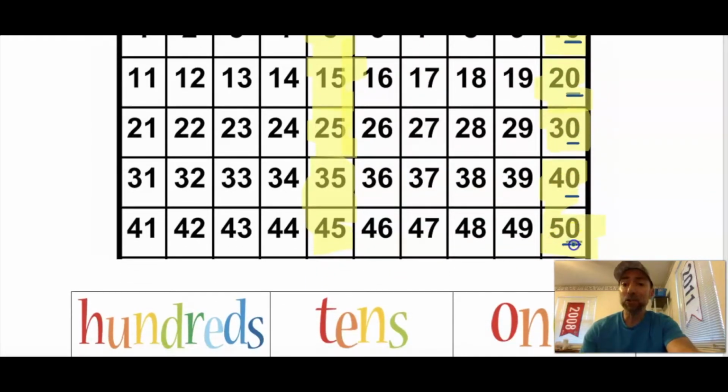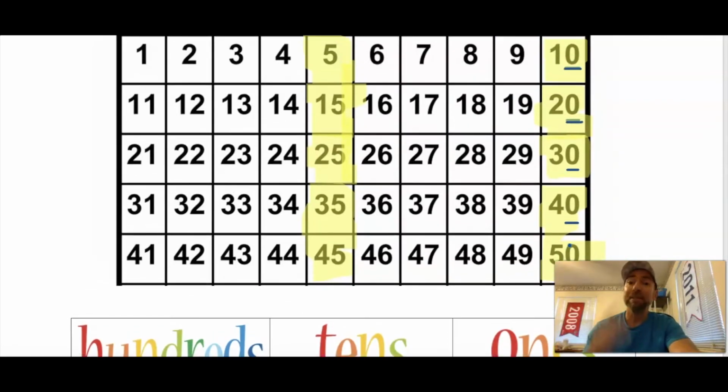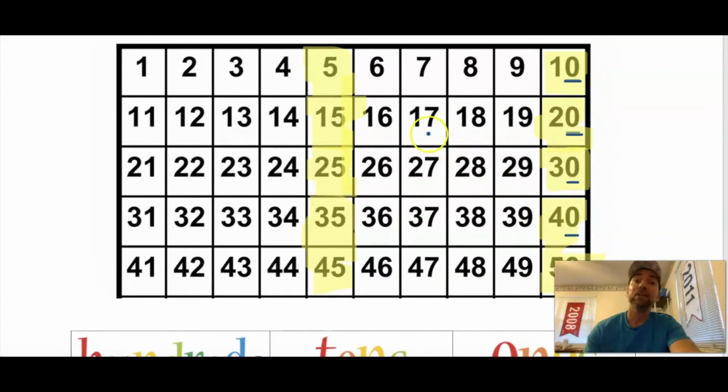And that's true again when we count by fives. But this time, there's also another digit in the ones place. And this time, we have some fives. So when I count by 5 and I'm starting at 0, my numbers end in a 5 or a 0.